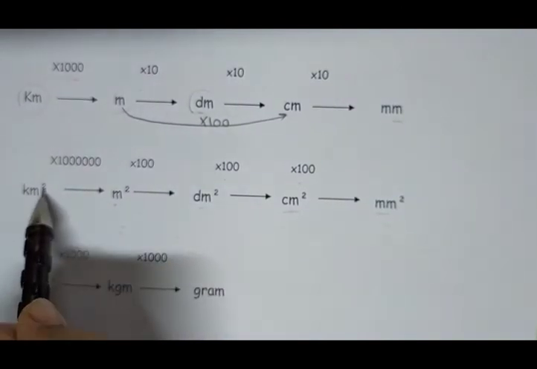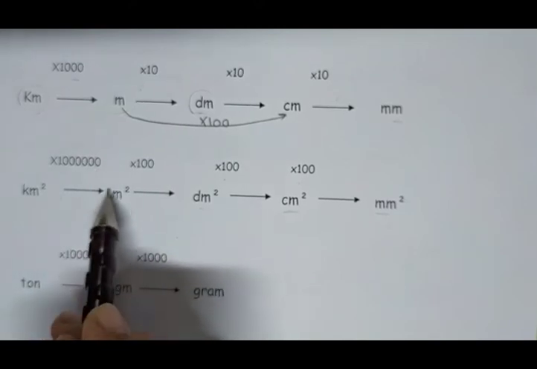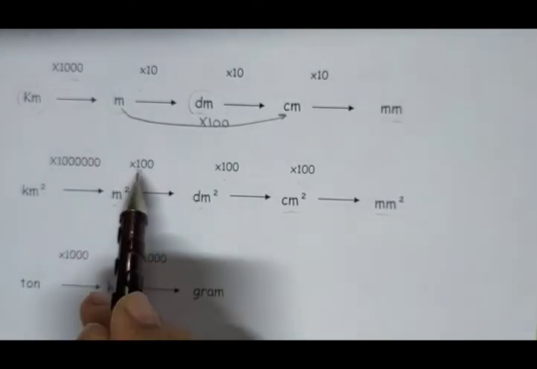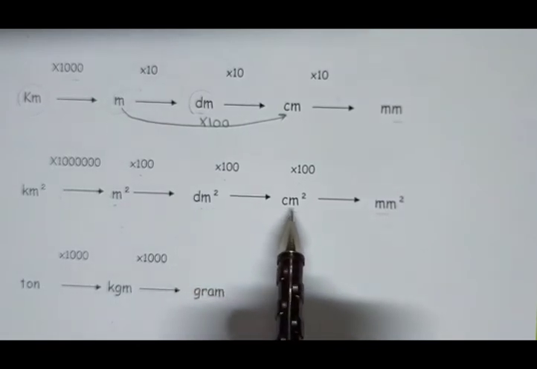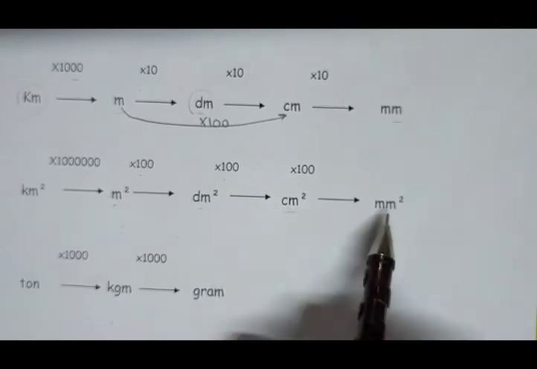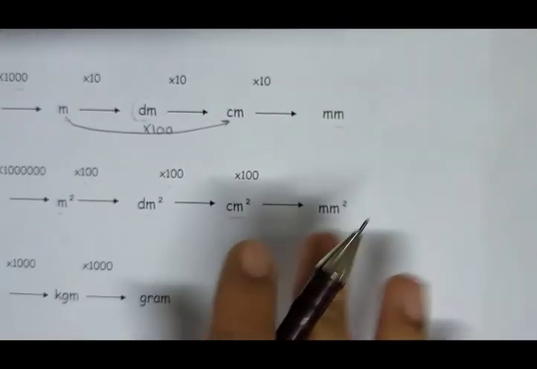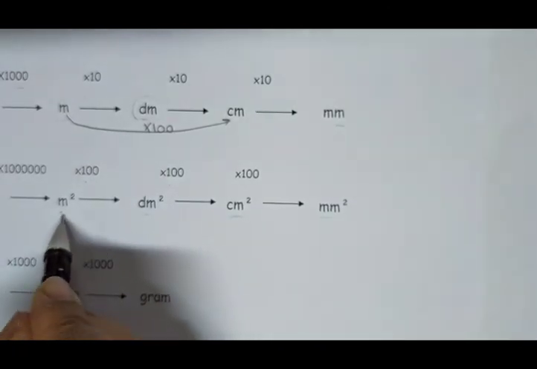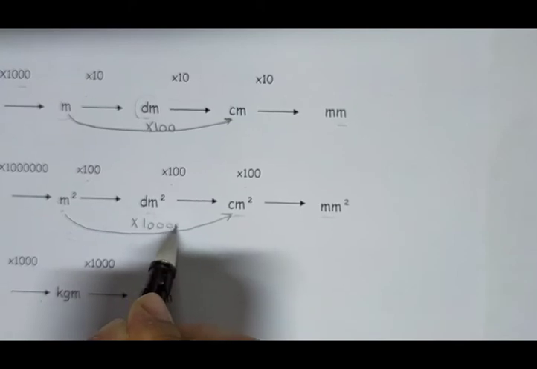From kilometer square to meter square, times 1 million. From meter square to decimeter square, times 100. From decimeter square to centimeter square, times 100. From centimeter square to millimeter square, times 100. Directly from meter square to centimeter square, times 10,000.